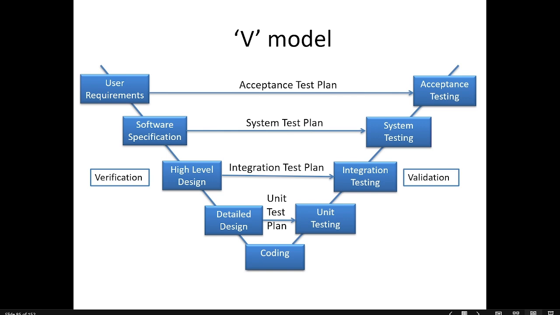If you see, there is a connection between each level from the left hand side to the right hand side, and there is something written on top of it like acceptance test plan, system test plan, integration test plan, unit test plan. And now, in this entire course, we have reached the point where we should start looking into it. What is a test plan? Which is our coming sessions. So, this is a complete V model and a commonly asked question for you.